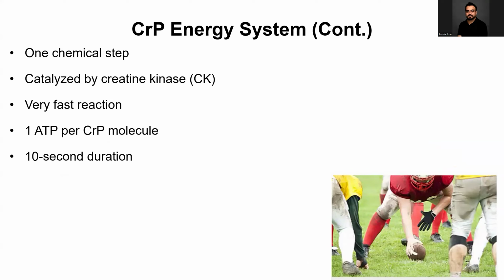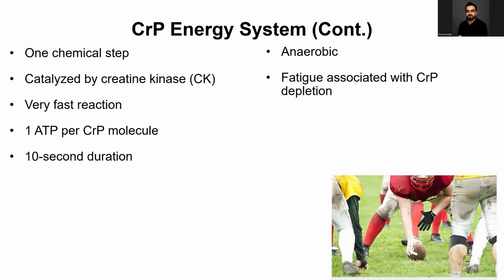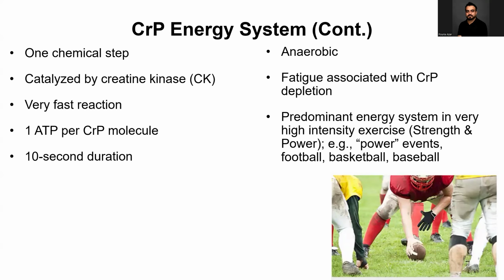In exercises of around 10-second duration, we use the creatine phosphate energy system to replenish ATP. It's anaerobic, which means without oxygen. And muscle fatigue is associated with creatine phosphate depletion.